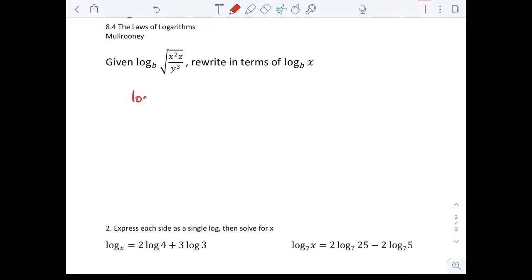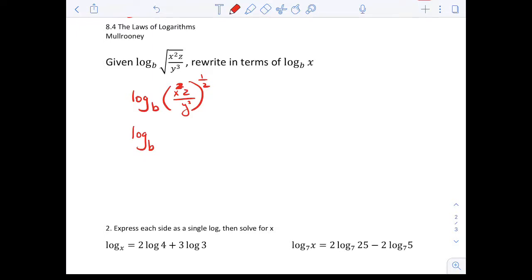So I know that we have log b of x squared times z all over y to the power of 3, all of that to the power of half, right? That's what square root is. So I'm going to apply this to each of them that are inside. Log b, the half, when we have an exponent, it applies to every single variable inside.